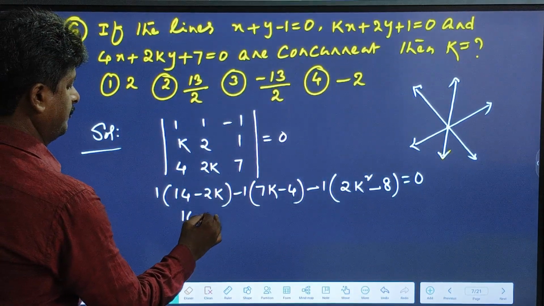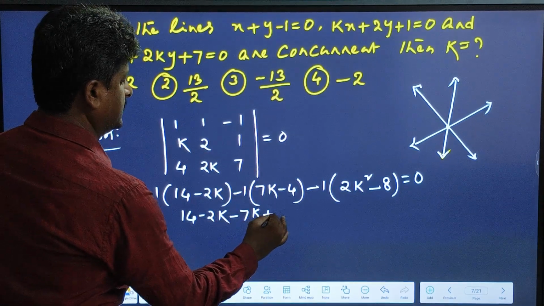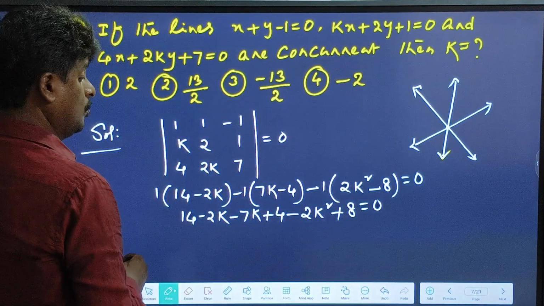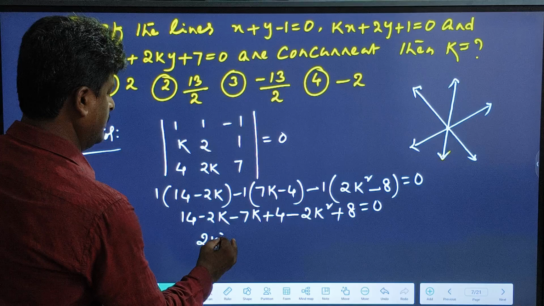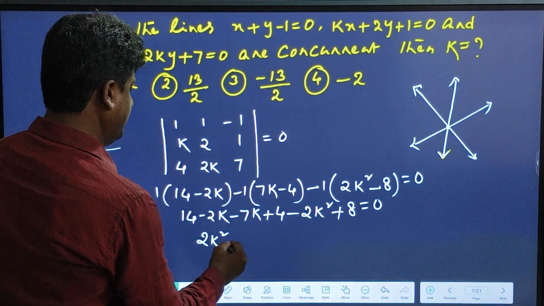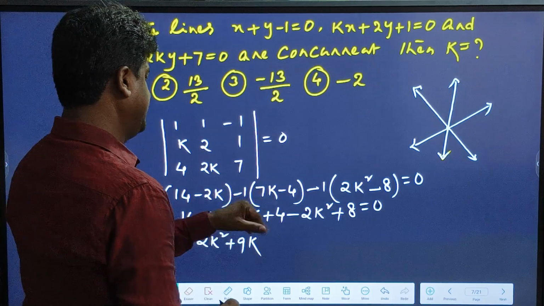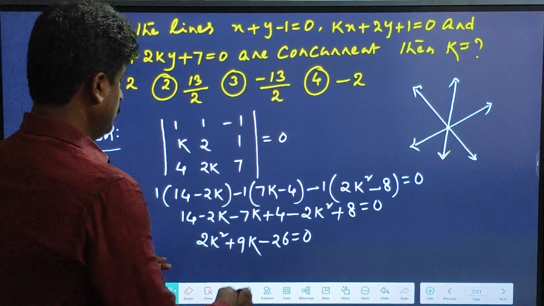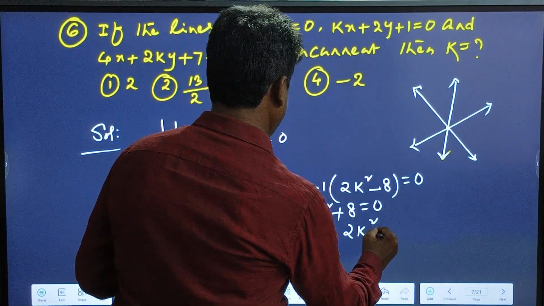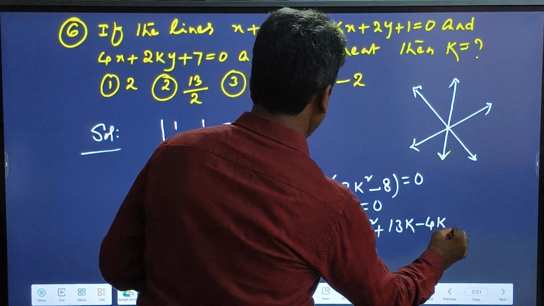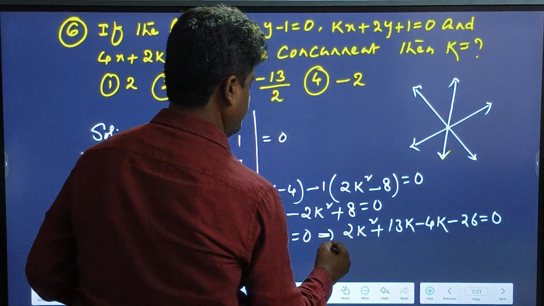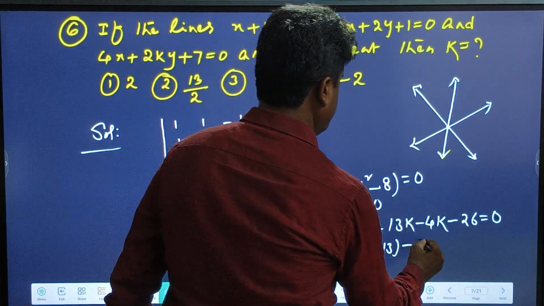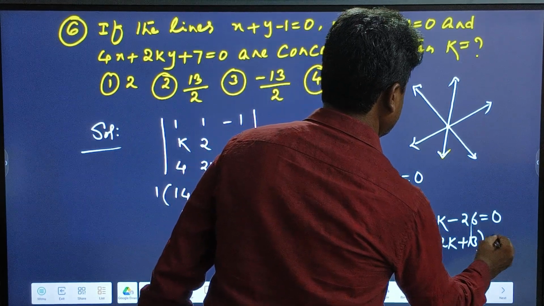14 minus 2k minus 7k plus 4 minus 2k square plus 8 equals 0, which is 2k square, bringing that side, minus 9k will be plus 9k, constant term 18 plus 8 is 26, minus 26 equals 0. So 2k square plus 13k minus 4k minus 26 equals 0. Taking k common, k into 2k plus 13, minus 2 into 2k plus 13 equals 0.